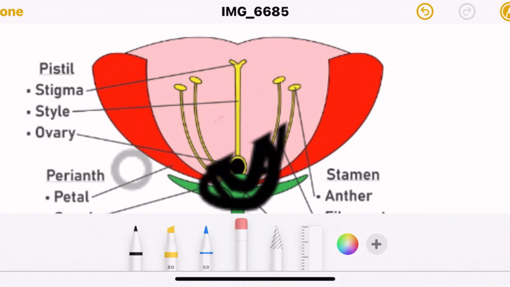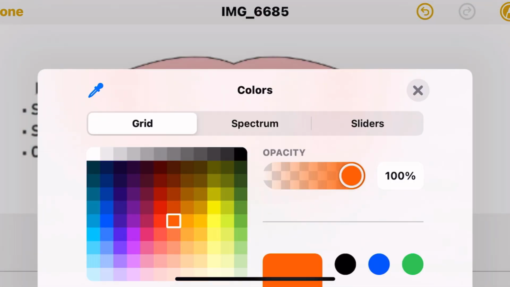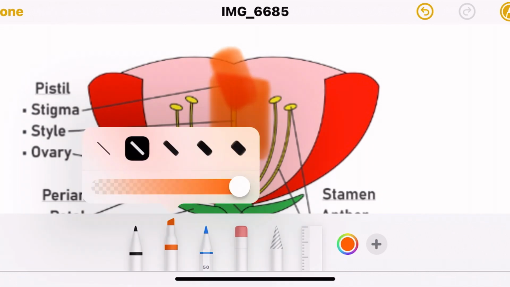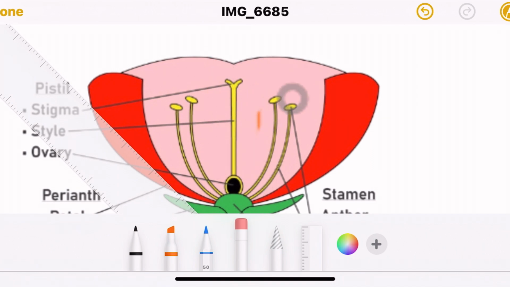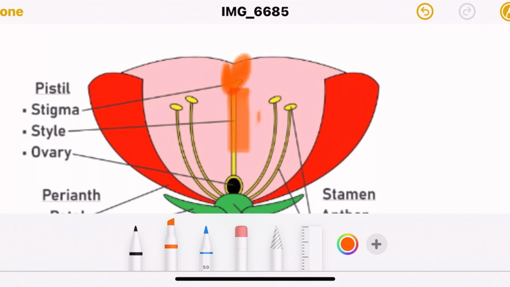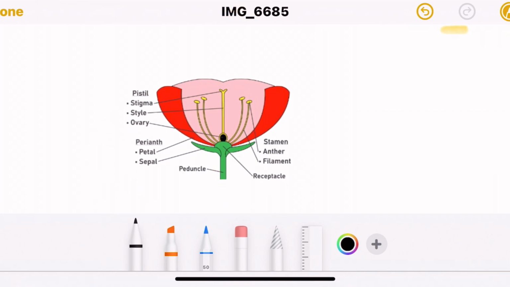Let's go again: the pollen comes over here, travels through the stigma and then goes to the ovary. The ovary produces the female sex cells.